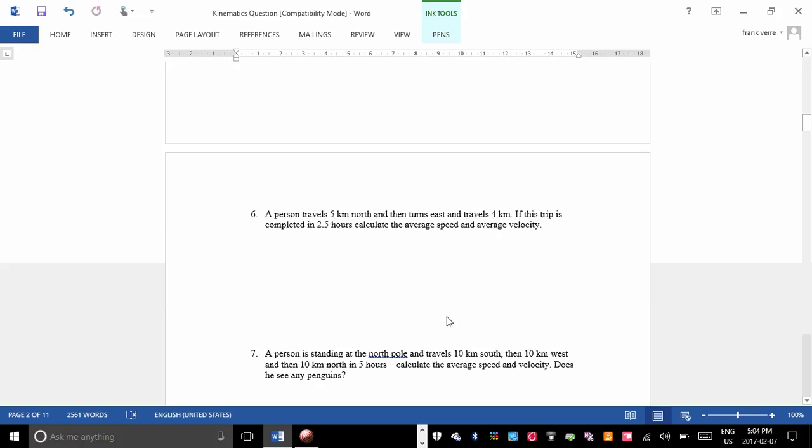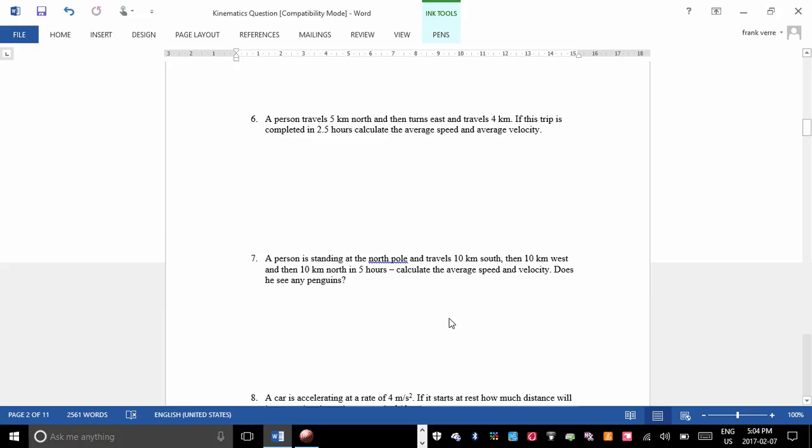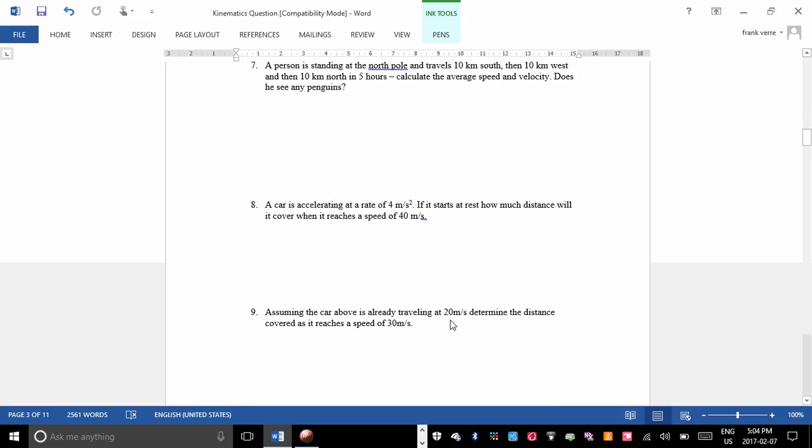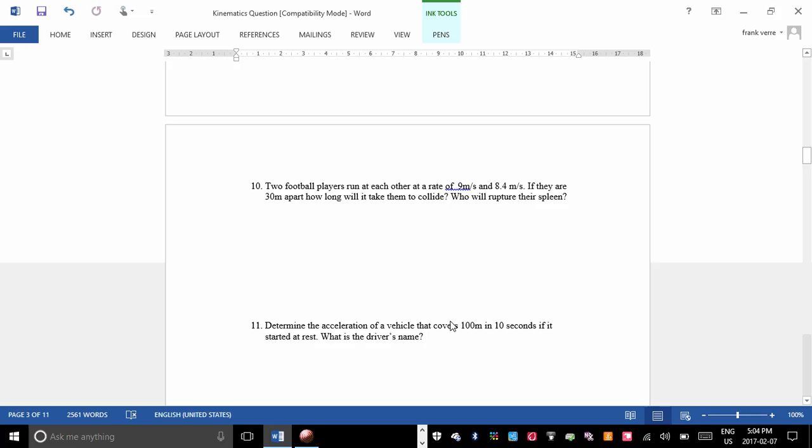Okay, let's look at another example with speed. So let's look at this question. So in this question here, number 10, we have 2 football players running towards each other.